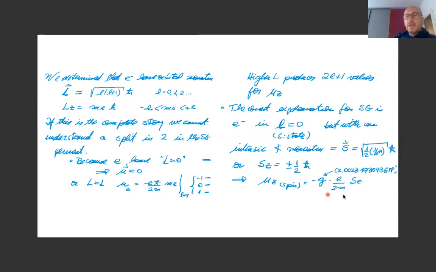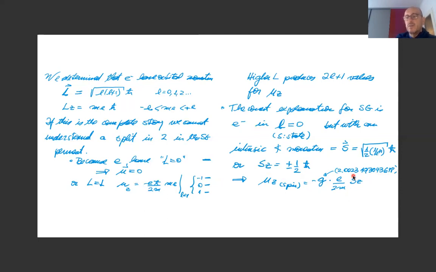We multiply e over 2mc times the z component of the spin angular momentum, and we multiply that by g, which is the difference between the orbital angular momentum and the spin angular momentum in relation to the magnetic moment generated by something with spin.